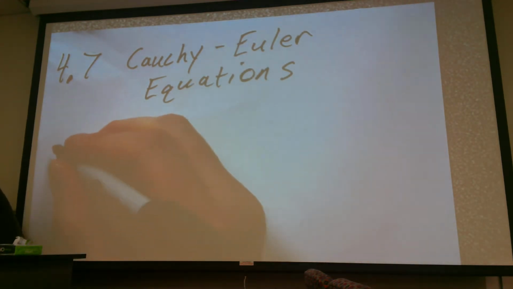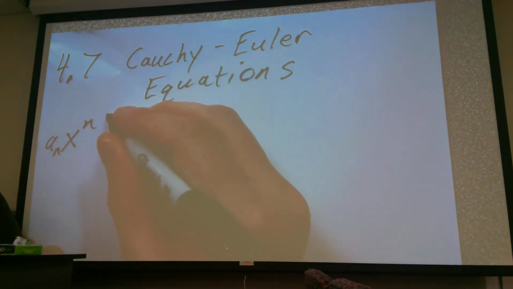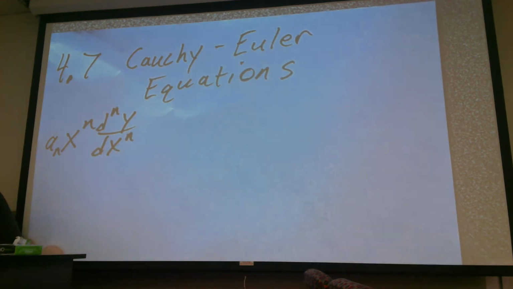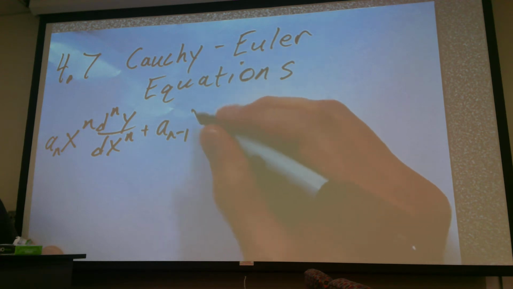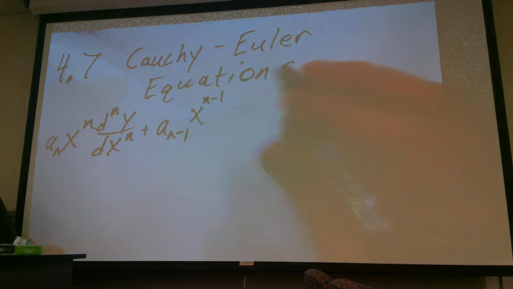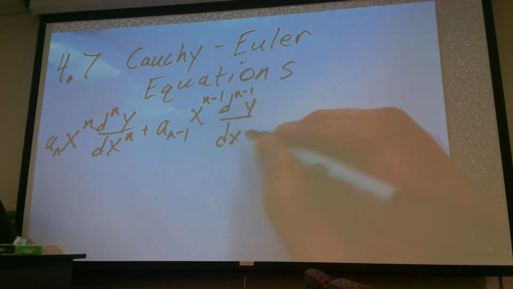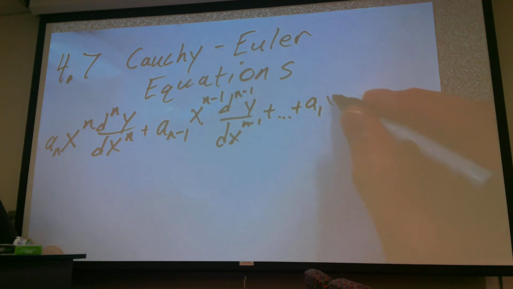This is going to be a sub n, x to the power of n, the nth derivative of y with respect to x, plus a sub n minus 1, x to the n minus 1, and that would be the n minus 1 derivative of y with respect to x, and so on, plus a sub 1 x dy dx, plus a naught y, which equals some possibility of a g of x.